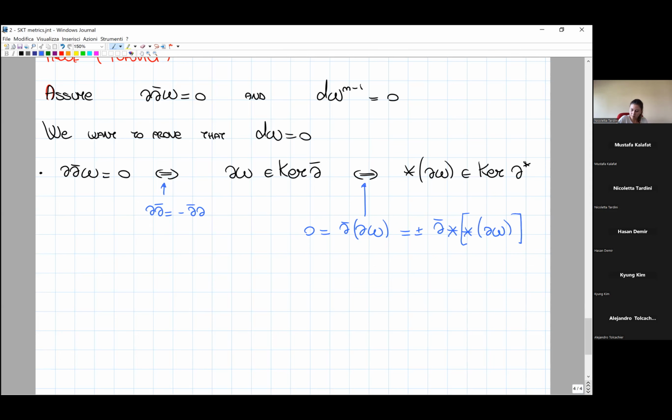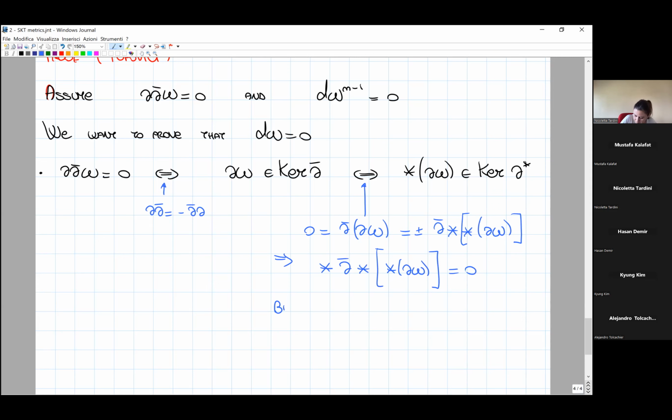Since this expression is 0 and the Hodge star operator gives an isomorphism, applying it gives star del bar star star del omega equal to 0.